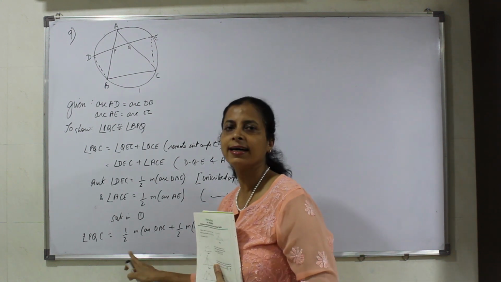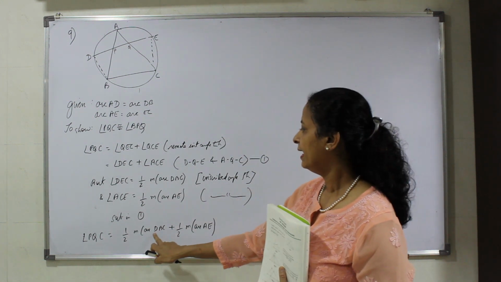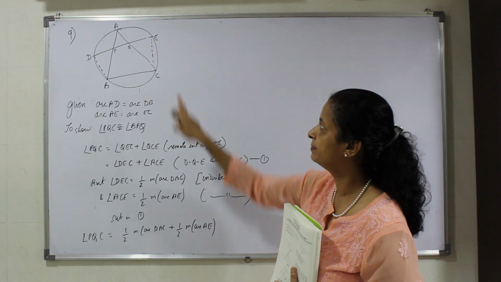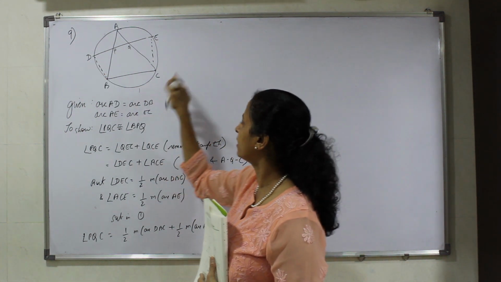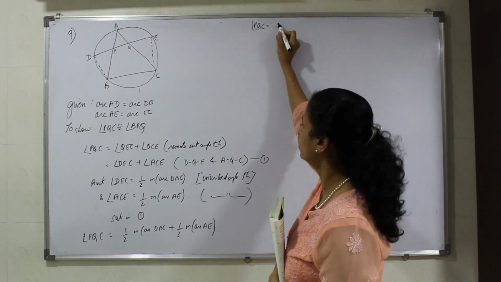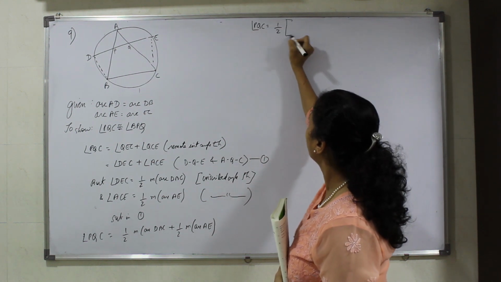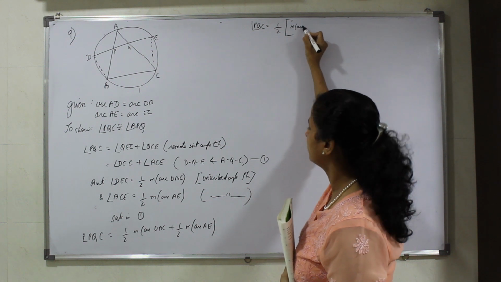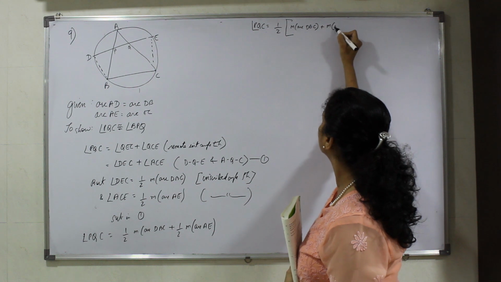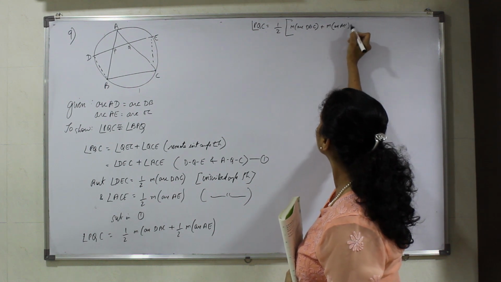In this I can take a half common, and when I have the bracket as arc DBC plus arc AE, so I rewrite this as angle PQC is equal to half measure arc DBC plus measure arc AE.